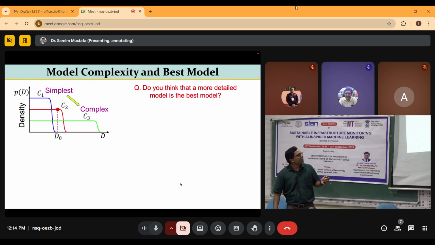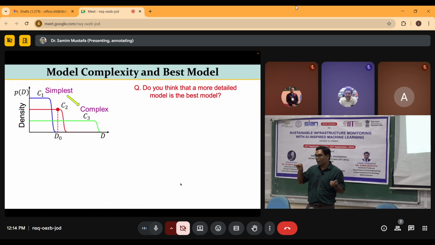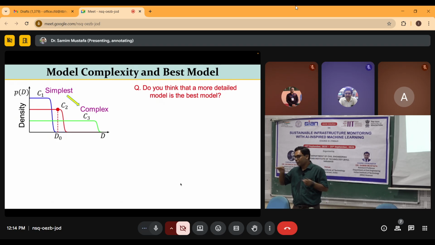So this is probability density and this horizontal axis is data, observed data. Now this is flat because a more complex model means it can fit more data, a wide range of data. From very simple data to large kinds of data it can fit, so there is large variability in the best fitted model.